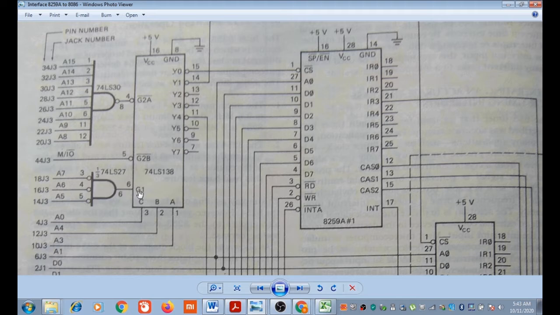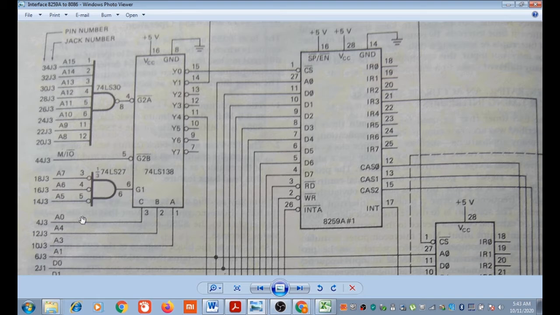See, these are the enable pins of 74LS138. So this will be active when a 0 reaches on this line, a 0 reaches on this line, and a 1 reaches on this line.